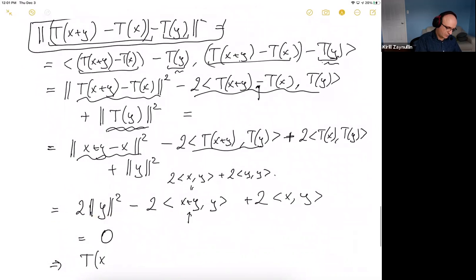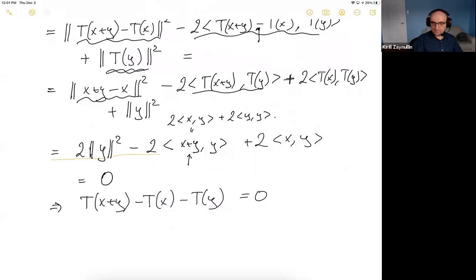T of x plus y minus T of x minus T of y is 0, right? And this just implies that T of x plus T of y is the same as T of x plus y. And look, this is one of the properties of a linear operator, that T preserves the addition of vectors. Okay.